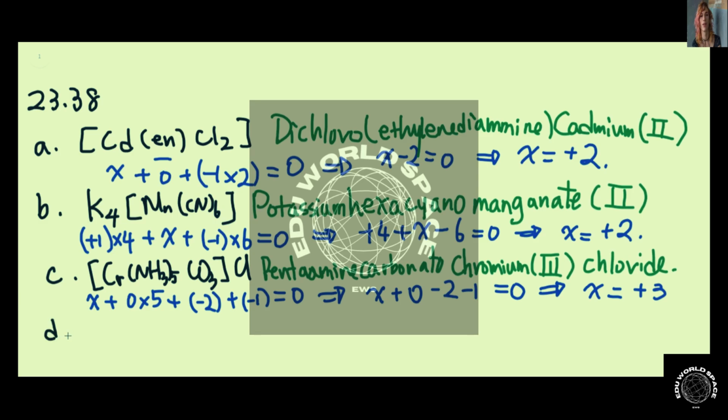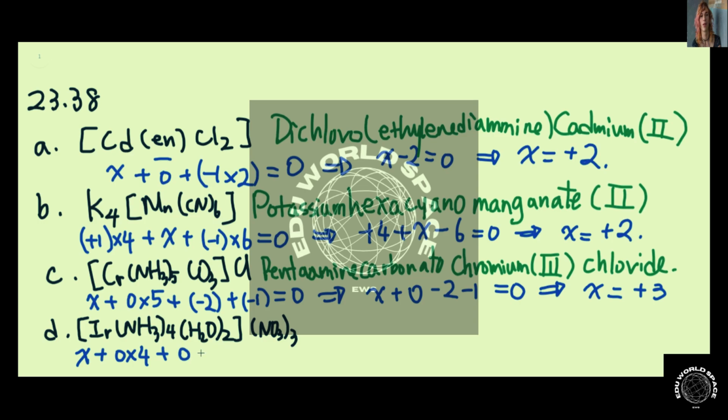Last one, part D, we have [Ir(NH3)4(H2O)2](NO3)3. Alright, so for this complex, we assume that the metal has an oxidation number of X, and the amino group has an oxidation number of 0 times 4.